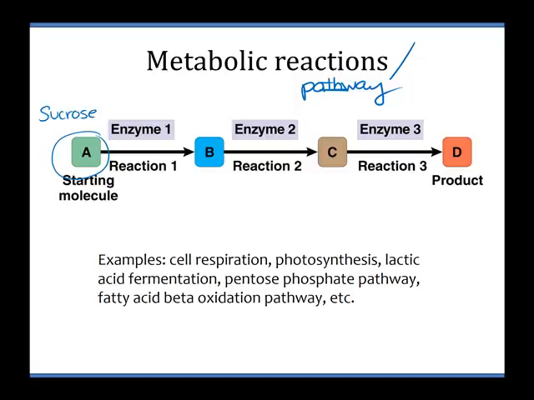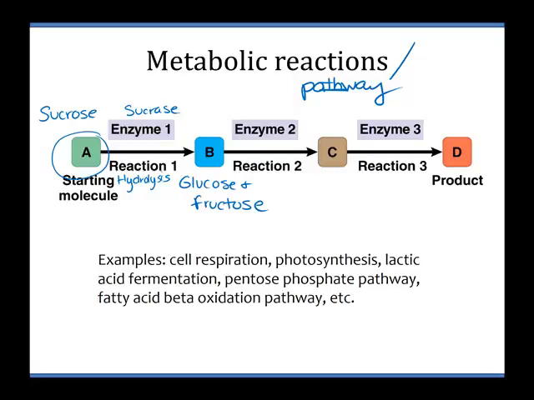Use an enzyme to convert A into B, and that B can be one thing, it can be two things. In our previous example, it was glucose and fructose. And we used a particular enzyme to do that, and that enzyme's name was sucrase. And sucrase did hydrolysis.